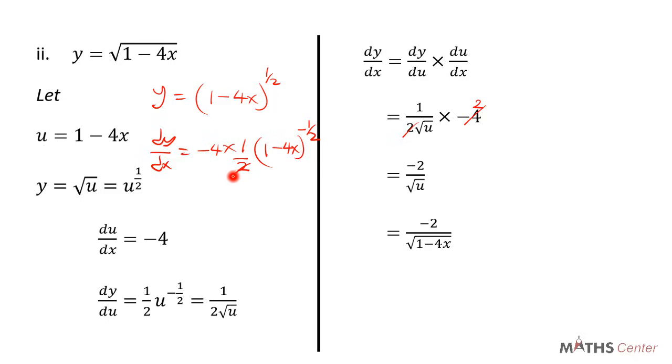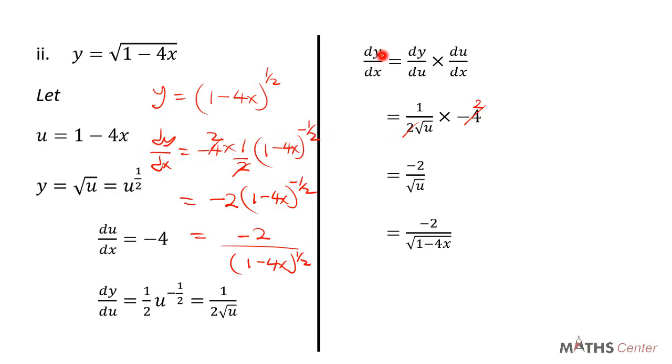So here the 2 will divide negative 4, and this will be equal to negative 2 times 1 is negative 2, then times (1 minus 4x) exponent negative half. And we know from indices that this can be written as negative 2 divided by (1 minus 4x) exponent half. So the chain rule is always: differentiate what is in the brackets, then times differentiate the entire function as a whole. Or you can go through the process that we have gone through here.